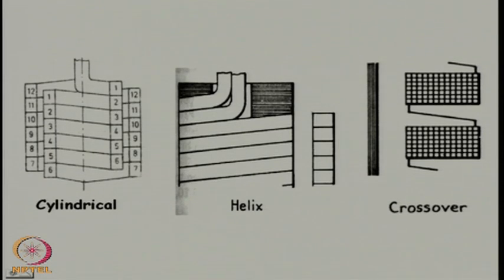For the low voltage winding, for a given kVA, you can understand the low voltage winding voltage rating is less, but the current rating is large, for which normally 2 types of winding, either a cylindrical multilayer or a helical winding is used, while for the high voltage either a cylindrical or a crossover winding is used. This picture shows the diagram of different winding arrangement.